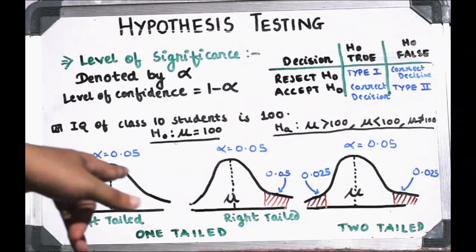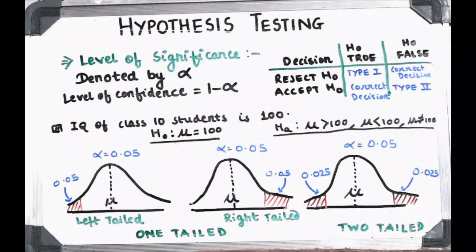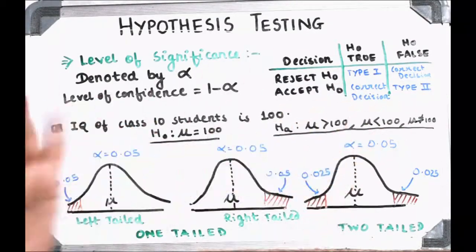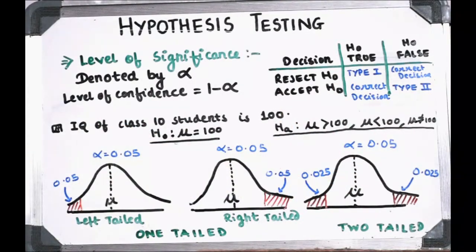Now if you consider the normally distributed graphs, you will find that these regions are marked in red and the remaining regions are marked in white. So what does the red region denote? The red region denotes the rejection region and the remaining area denotes the acceptance region.